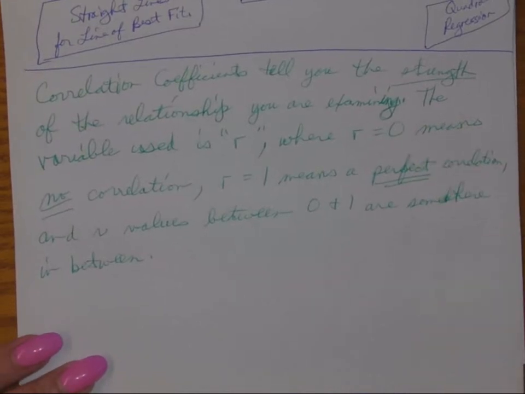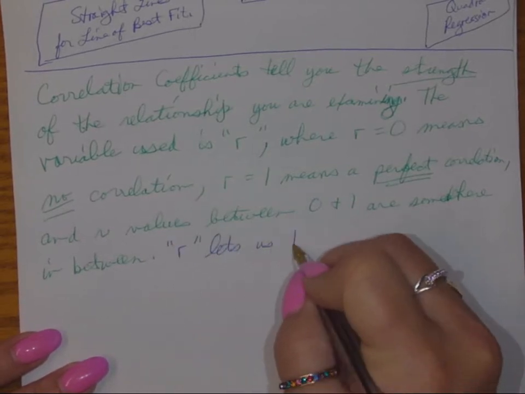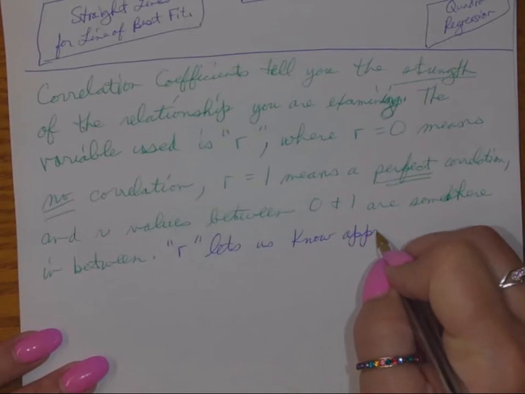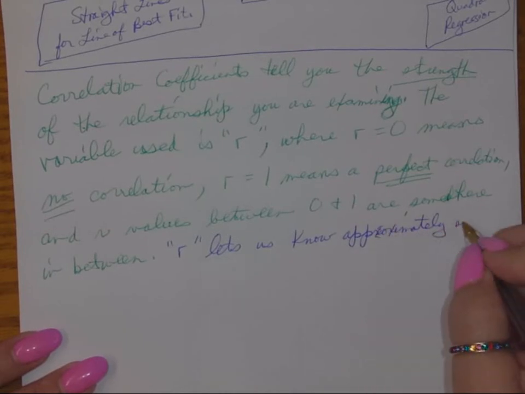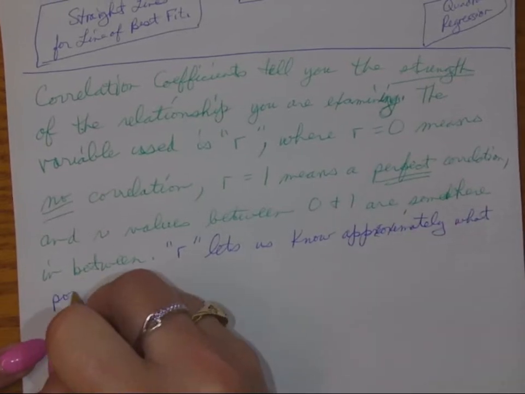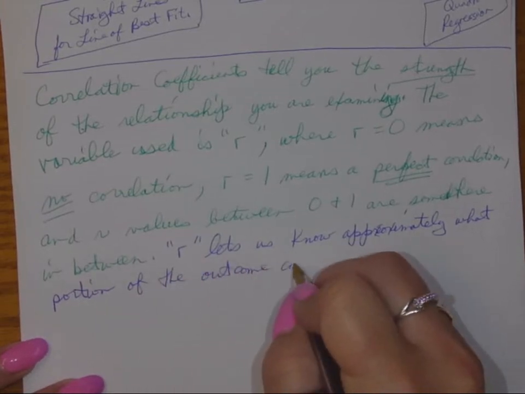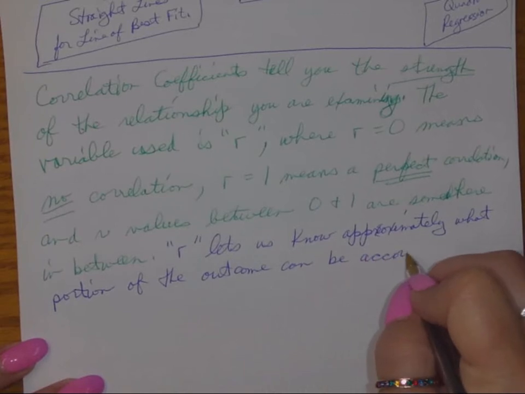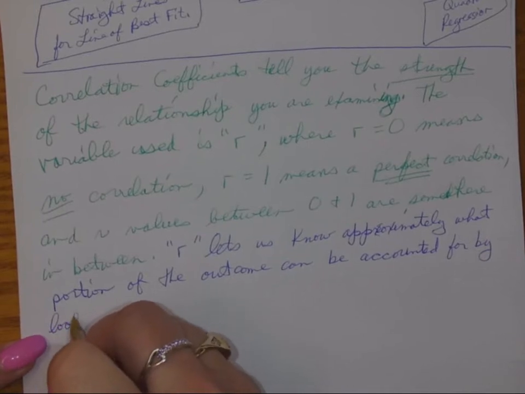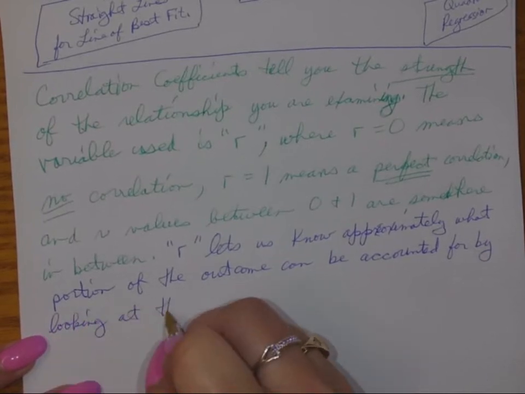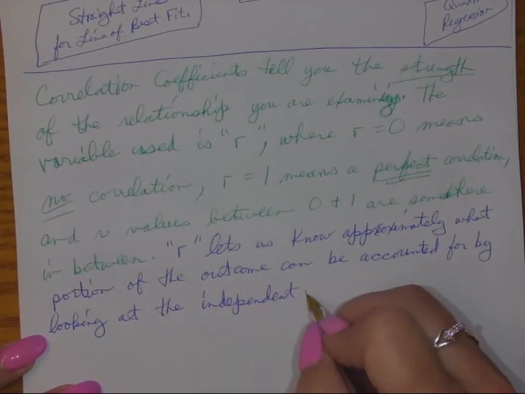So what does the value mean? r lets us know approximately what portion of the outcome can be accounted for by looking at the independent variable.